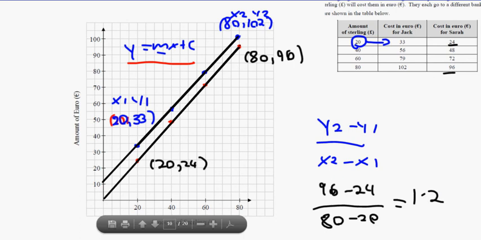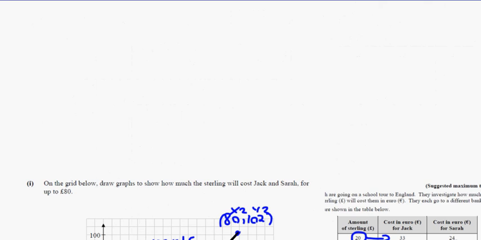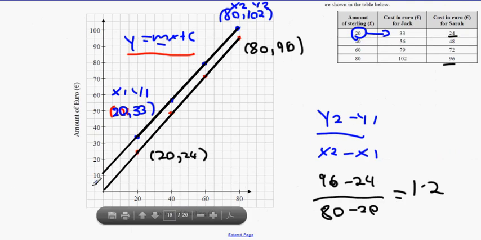So we're now going to use the equation y equals mx plus c, and what we can see from Sarah's formula is that this intercepts at the point 1, so the c value is 1 and the m value is 1.2. So we get y equals 1.2x plus 1.